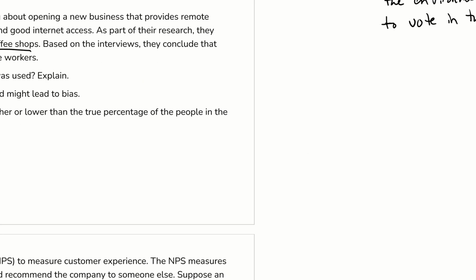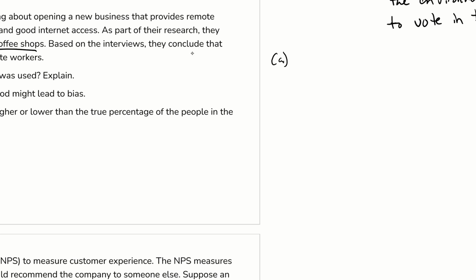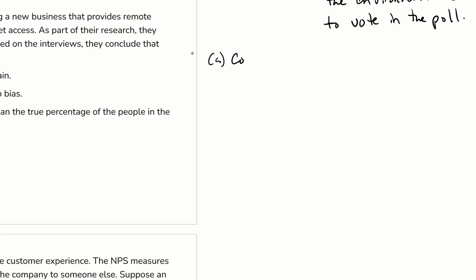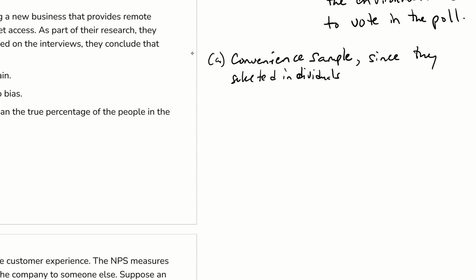So for part A, this is a convenience sample, since they selected individuals that were easy to reach and did not use randomization.